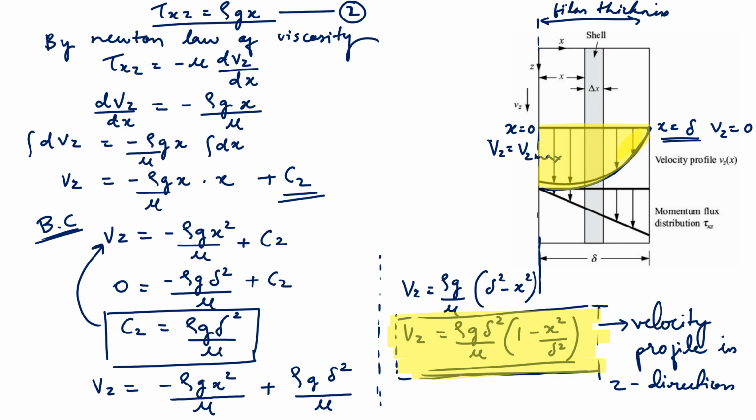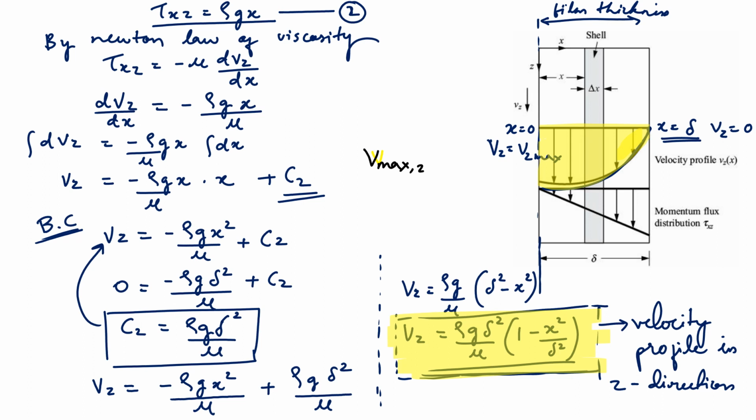Now to find maximum velocity, what you do? To find maximum velocity vmax in z direction, I put x equals to 0, right?